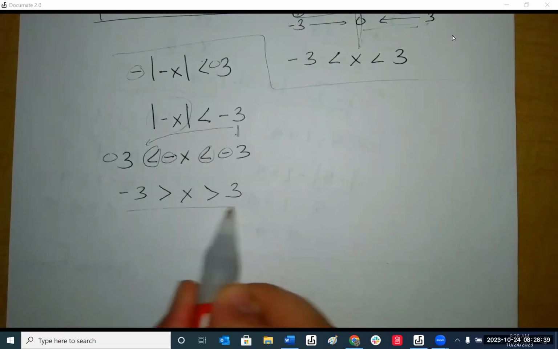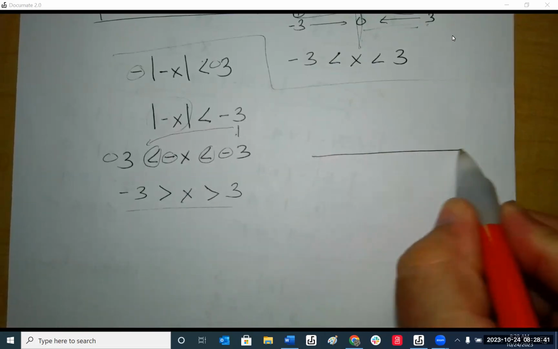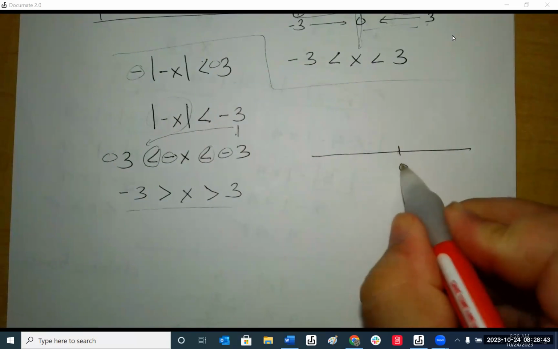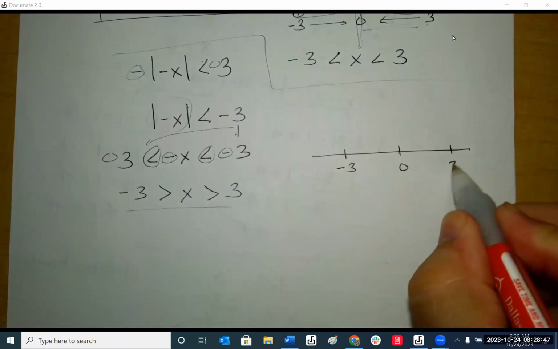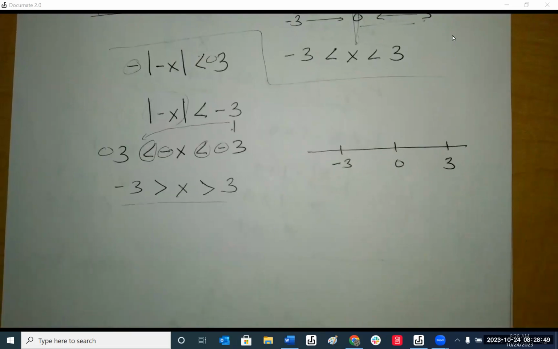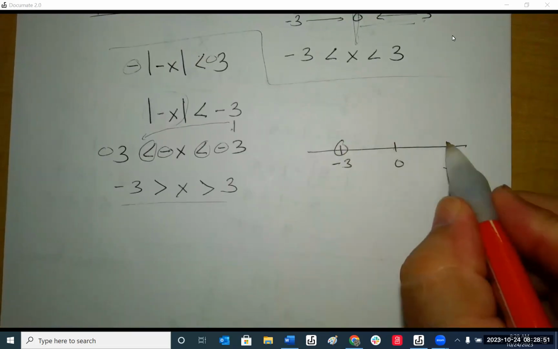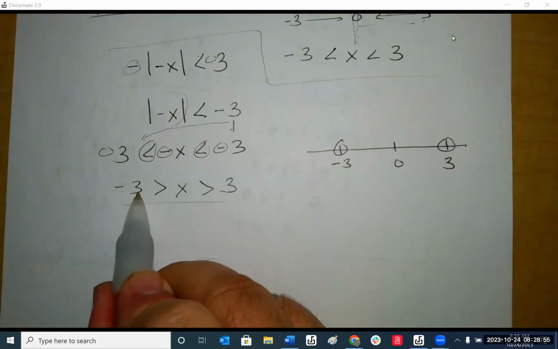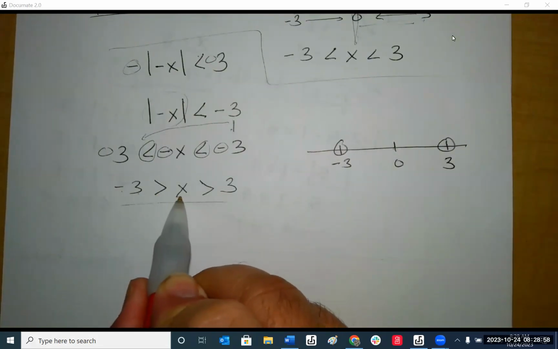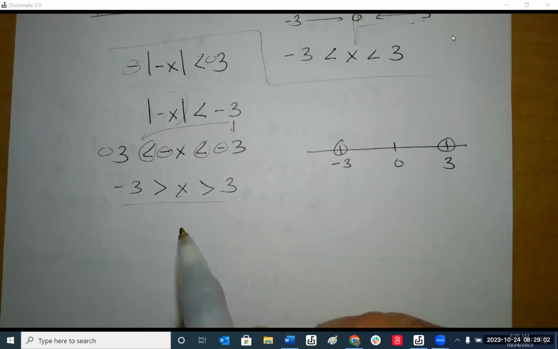So now what this really means, if we look at this, here's 0, here's -3, here's +3. Okay, they're open circles. -3 is larger than x. So which direction does it go?